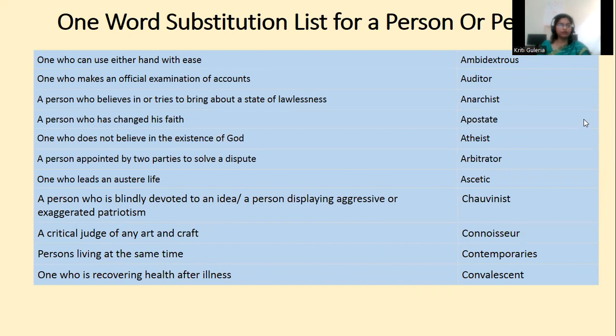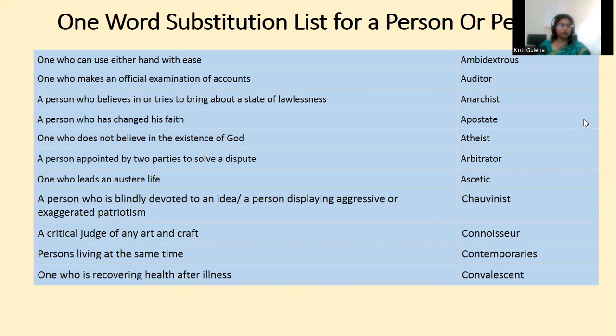One who does not believe in the existence of God: atheist. A person appointed by two parties to solve a dispute is an arbitrator. One who leads an austere life: ascetic. A person who is blindly devoted to an idea, or a person displaying aggressive or exaggerated patriotism, is a chauvinist.